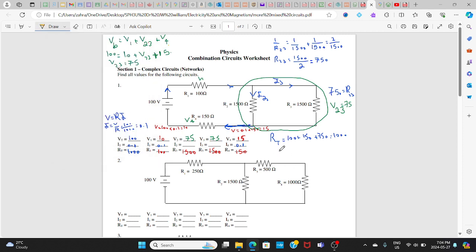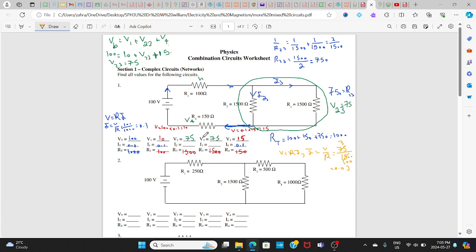Again, V is equal to Ri. I'm looking for I. I is V over R. Here, V is 75 over 1500. Okay, so it's going to be 3 over 100, so it's going to be 0.03.